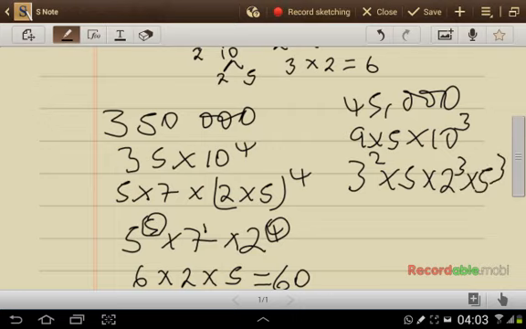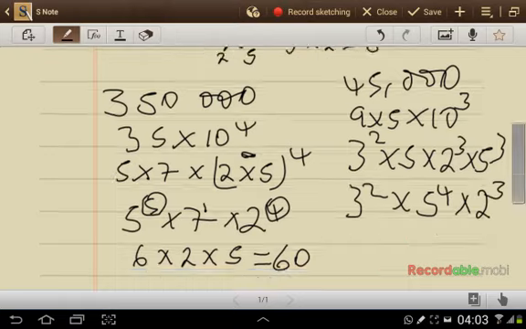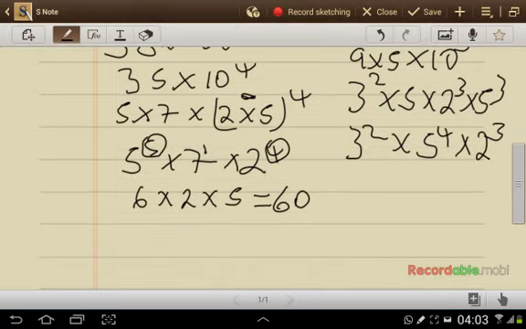The same thing we did here, so I just did it straight away. So we group them, and then we have 3 squared times 5 to the power 4 times 2 to the power 3. Now we add 1 to the powers, so 3 times 5 times 4. So how do you multiply this very quickly? We can do 3 times 20, and that's also 60.